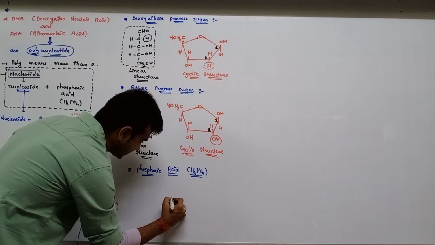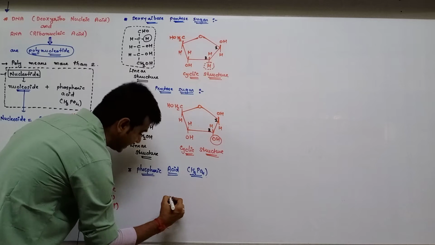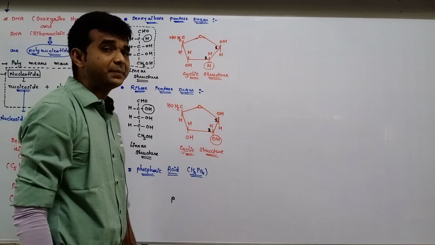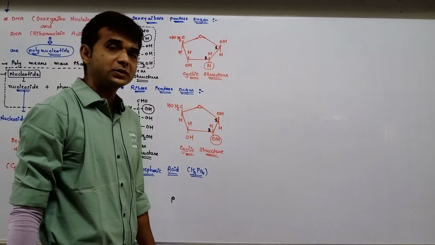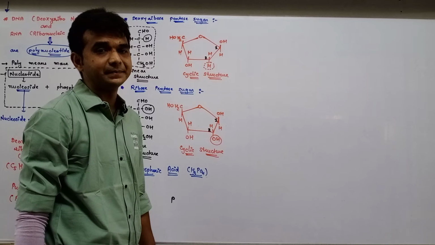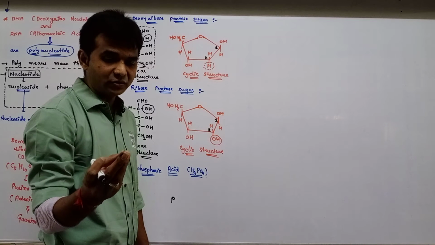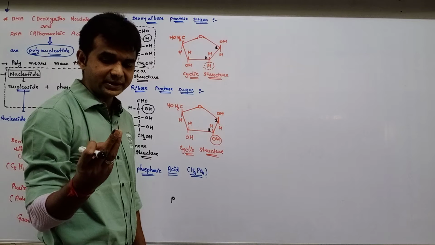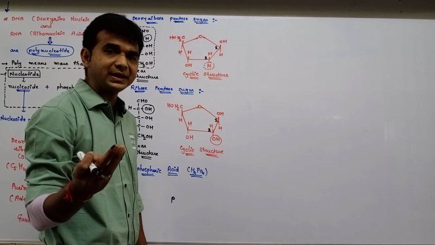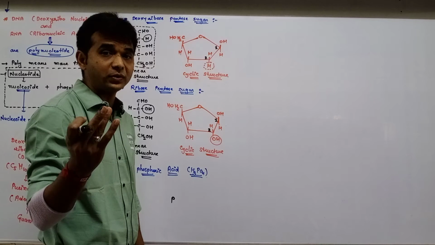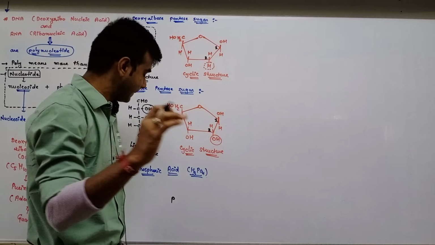See, phosphorus is at the center, but remember that phosphorus has 5 valency. Hydrogen has 1, oxygen has 2, nitrogen has 3, carbon has 4, and phosphorus has 5 valency.